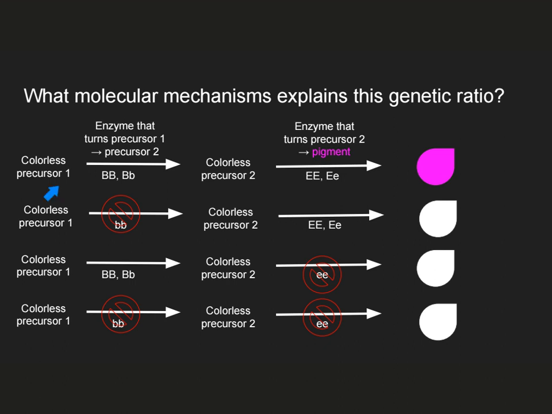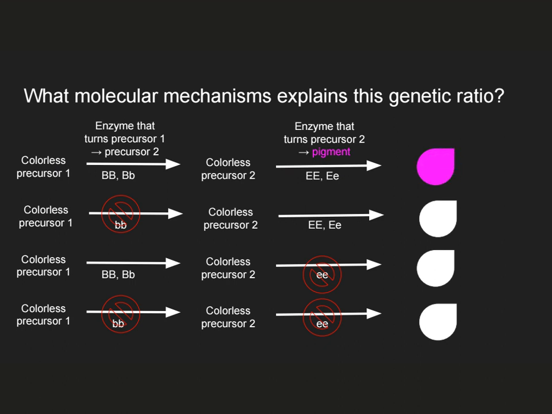So in this case, for any flower that has at least one copy of the big B allele, which I've designated as an enzyme that turns a precursor into a second precursor, and at least one copy of the big E allele, which I've designated as an enzyme that turns the precursor into the pigment, those are the flowers that will appear pigmented.